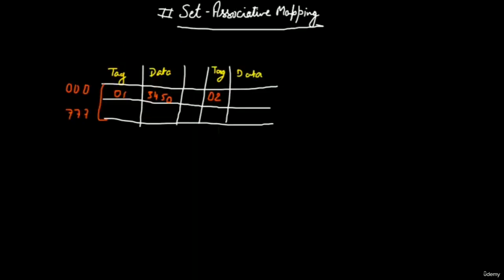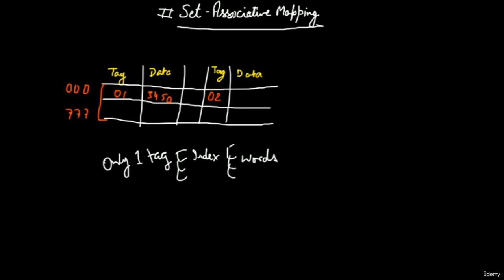But in the set associative mapping, you can have the same tag, and we do not need to have more tags. We can have only one tag and multiple index and multiple words or data, whichever way you like to call it.